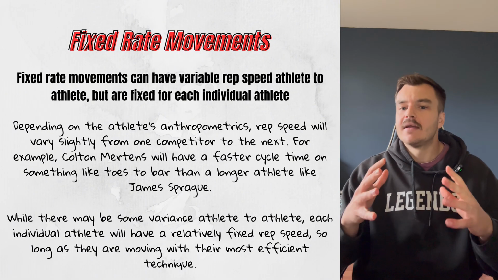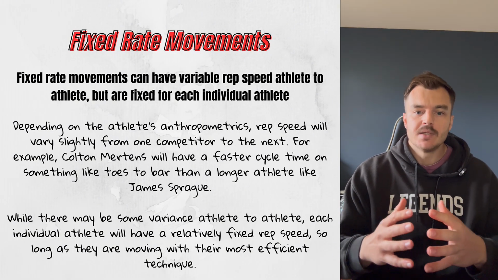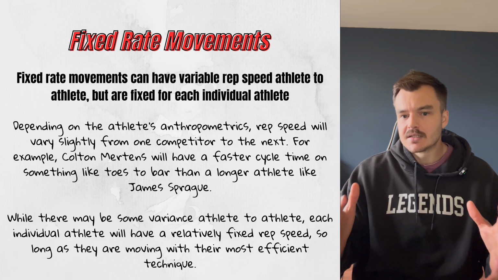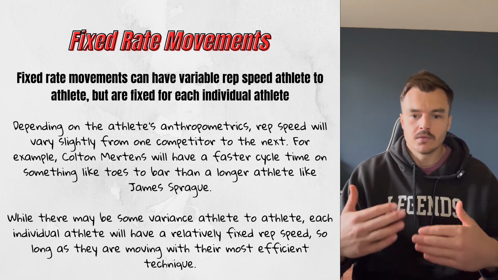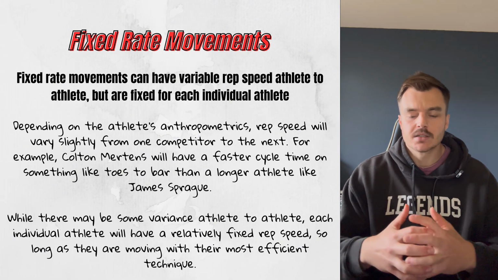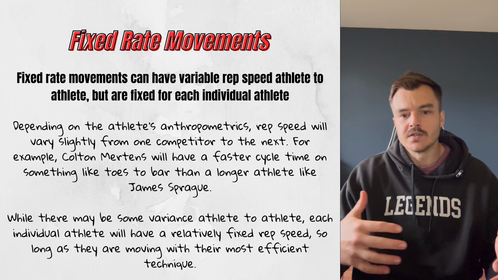But while there is that difference based on their anthropometrics, the speed at which Colton does toes to bar is pretty much going to be the same set over set, and his reps per minute is going to be more or less fixed unless he has a significant deviation from his most efficient technique, right?